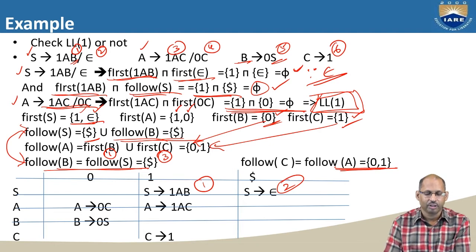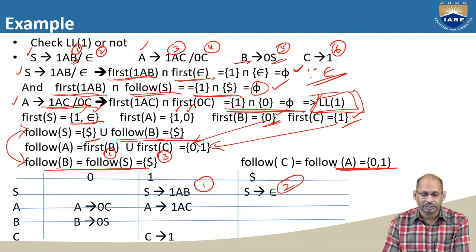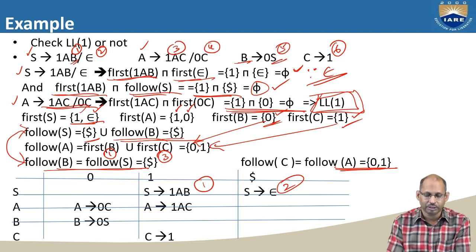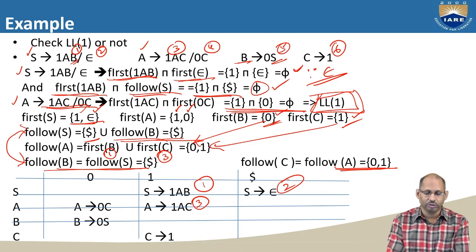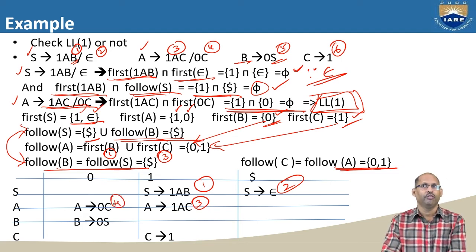Then A. Next, the third production: from the third production, it is 1, so we write the third production under 1. For the fourth production, it is 0, so we write the fourth production under 0.